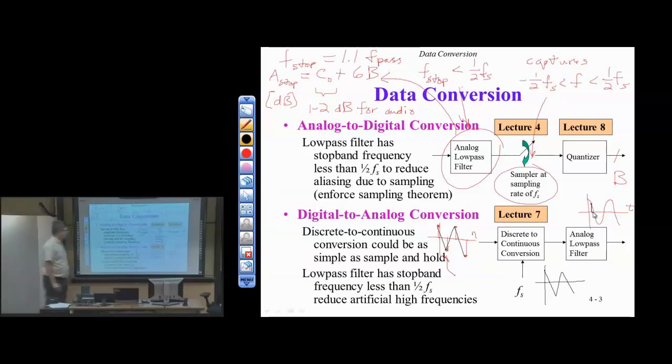If I were to do sampling, I'd be taking samples of this analog continuous time waveform at integer multiples of the sampling time. So now if I want to go the other way, I start with discrete time and go to continuous time, I have to connect discrete time to continuous time. So that first sample here is equal to the sampling time.